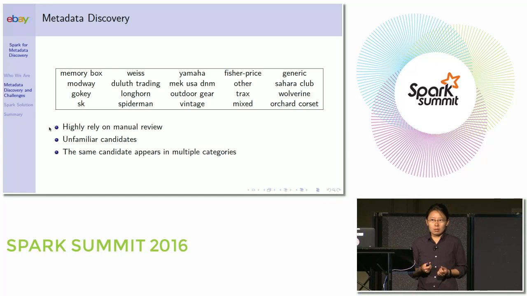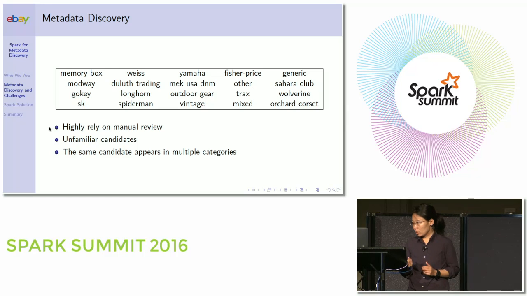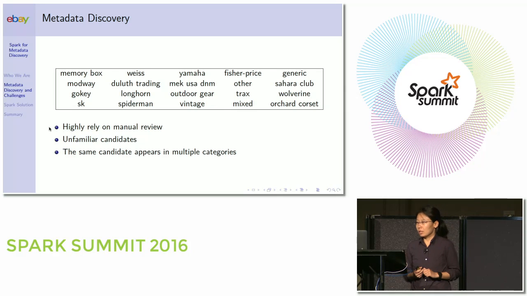In the past, it highly relied on humans to review the candidates, and it is very challenging, as you can see in this example. These are all brand candidates, and many of them are not straightforward at all.